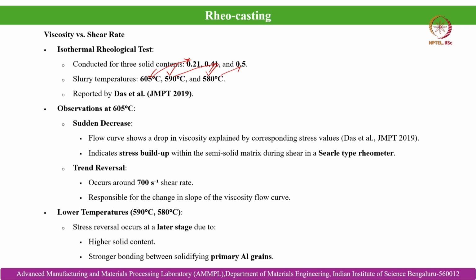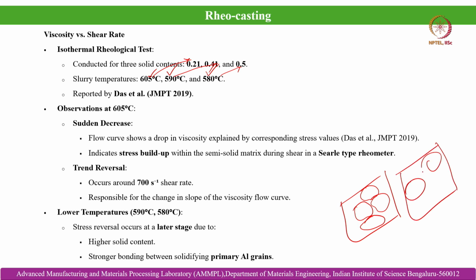Why? Because in case of lower temperature the solid content within the melt is higher. So, that means the solid network which is growing within the solidifying melt is much stronger. That is why it needs an even higher shear rate to break this network and to disintegrate it into the form of small islands or particles.